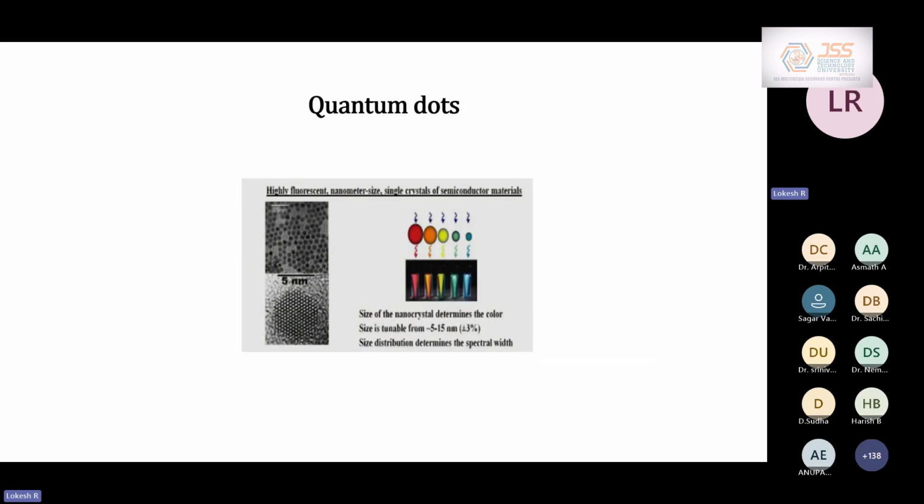One of the important nanoparticles or nanomaterials is quantum dots. These quantum dots are highly fluorescent and of small size. As the size varies, since they are fluorescent, they emit different colors. So this property can be used for cancer diagnosis.